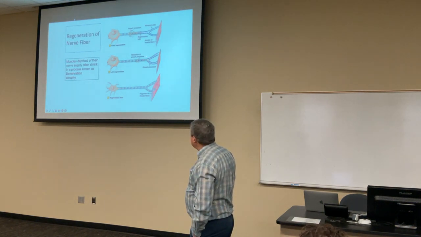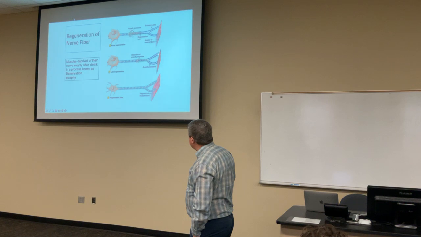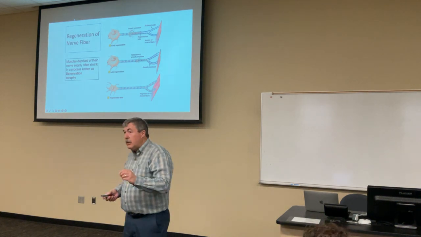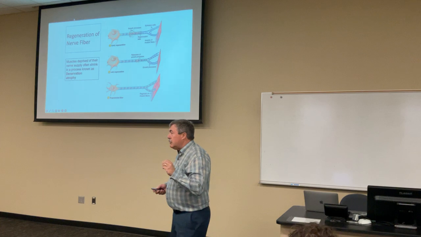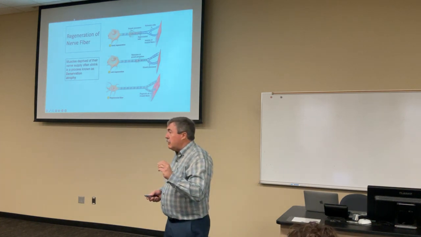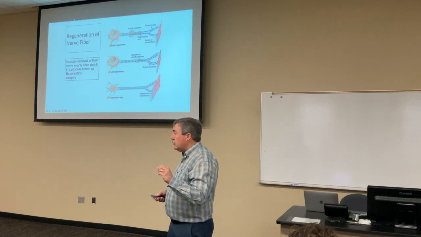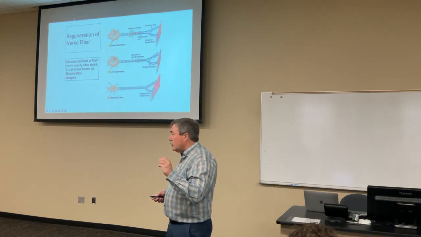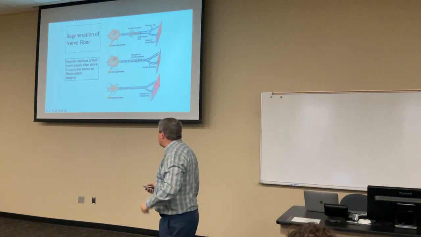Okay. Now, once that new axon forms a synaptic contact with the muscle fibers, and a synapse actually does have a small gap between the synaptic knobs and the muscle fibers. So the neuron doesn't actually touch the muscle fibers. There's always a small gap called the synaptic cleft.